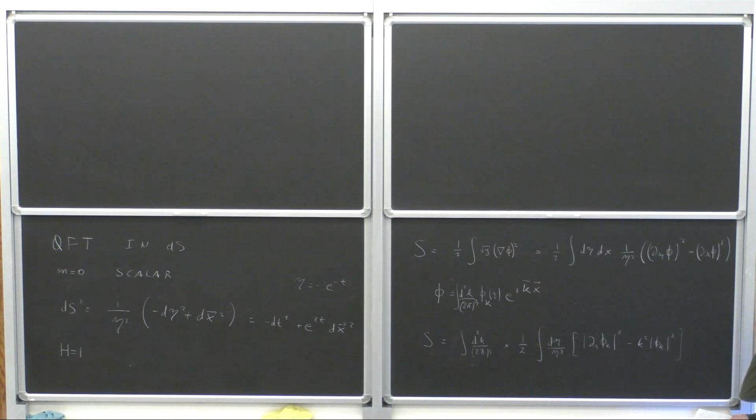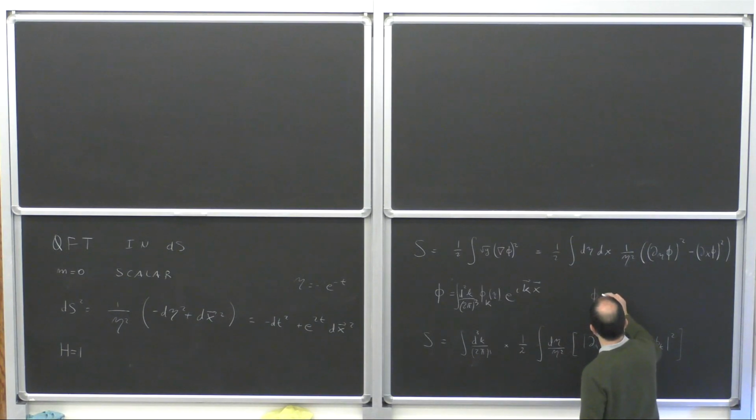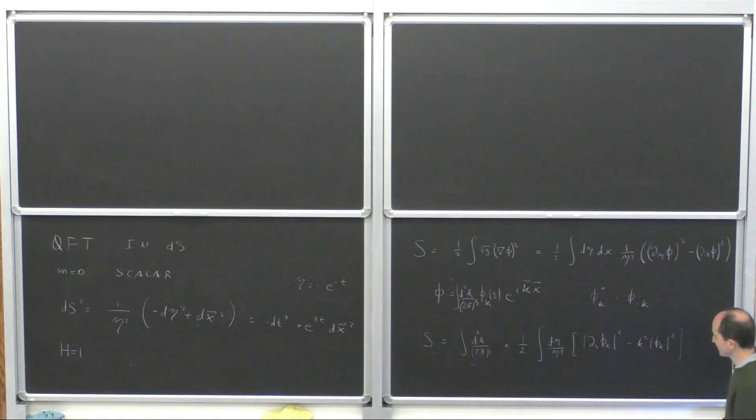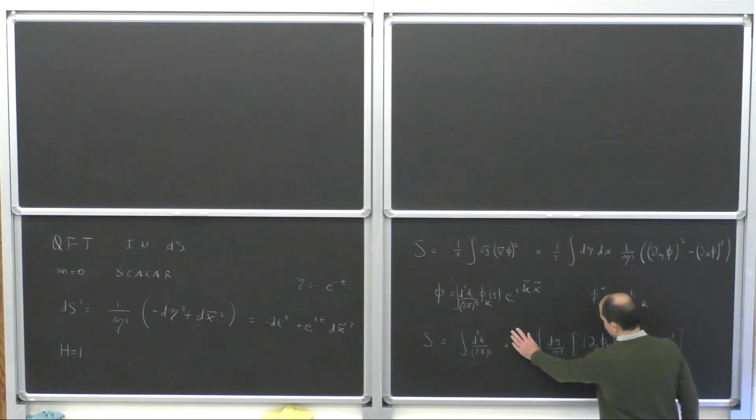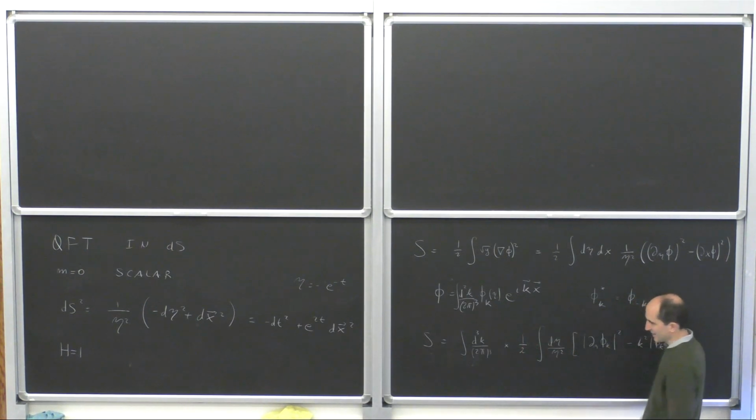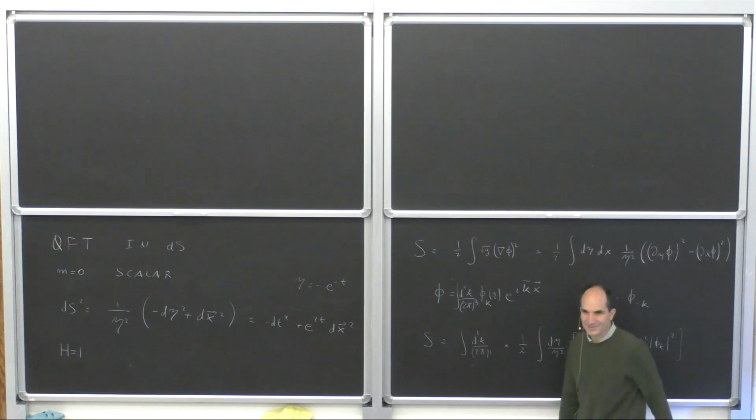So this is for each Fourier mode. Actually, because the field phi is real, there is a condition that phi k complex conjugate is equal to phi minus k. So there is some kind of identification, and really, we could drop this factor of 2 and integrate only over half of the momenta.